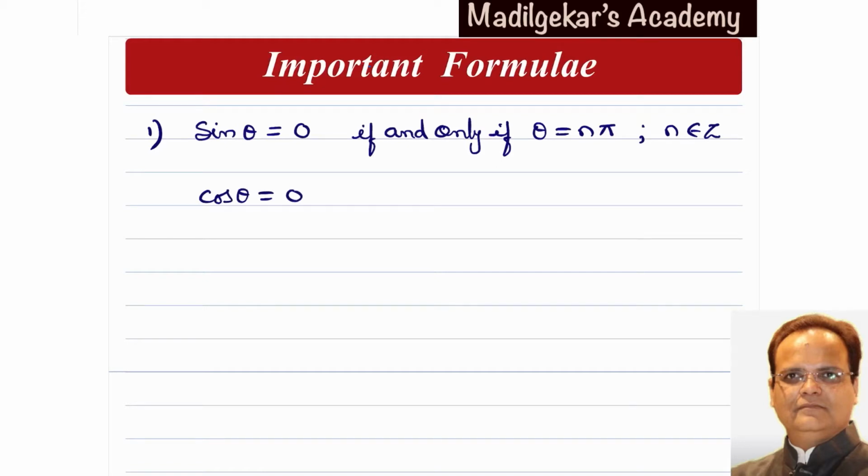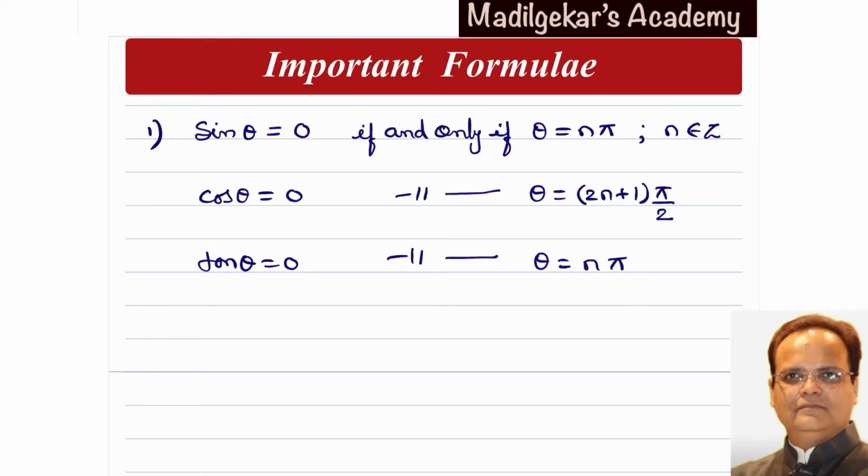Cos theta is 0 if and only if theta is an odd multiple of pi by 2. Tan theta is 0 if and only if theta is n pi. Again here n belongs to Z. So you can observe sine and tan have the same results.